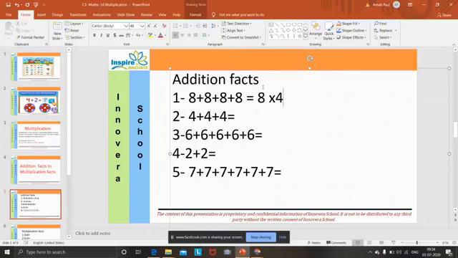Next one, 4 plus 4 plus 4. How many times 4 are there?